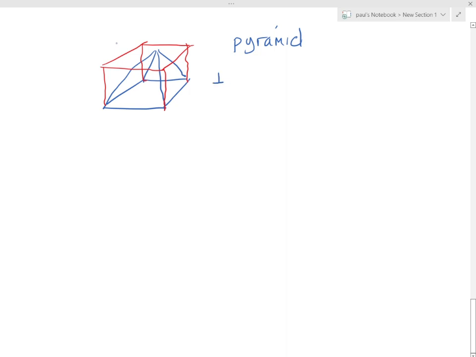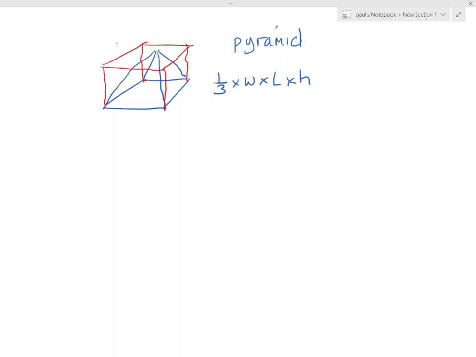So we've got 1/3 times the area of the base, which is width times length, times the height. That width times length times height is how you find the volume of a cuboid, but it's 1/3 of it.